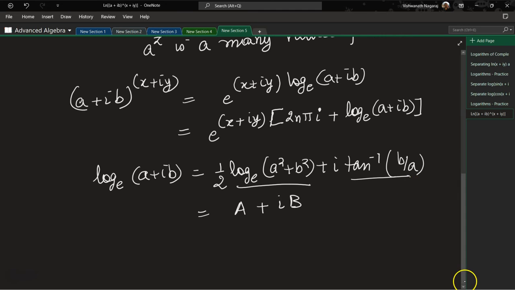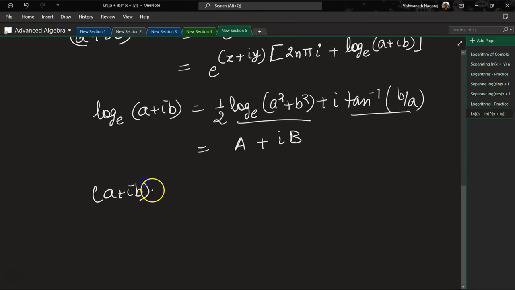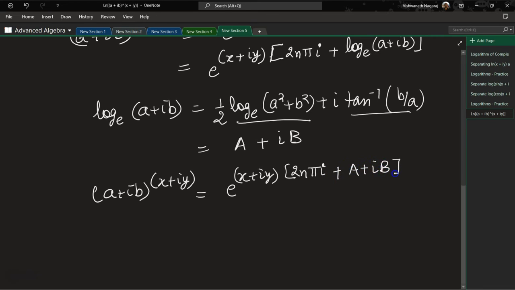So which means we can write (a plus ib) to the power of (x plus iy) as e to the power of (x plus iy) times (i times 2n pi plus B plus A). So I substituted this with this, and like terms we can group them.